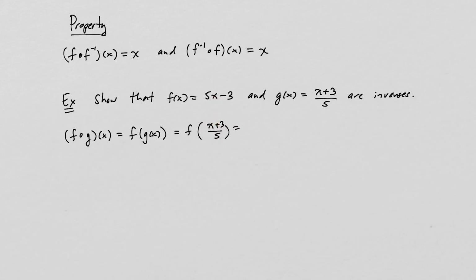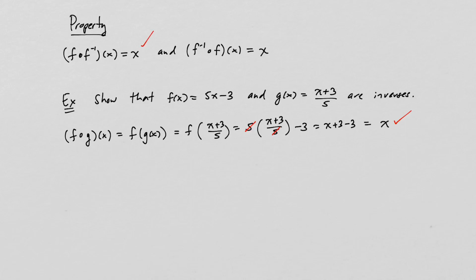And so this gives us 5 times (x plus 3) divided by 5, minus 3. And if we do the math, the 5's cancel, and we get x plus 3 minus 3, which is x. So check that. That's good, right? That's what we were supposed to have happen.